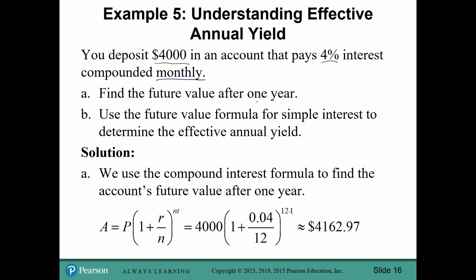We're looking at after 1 year for part A. Remember, monthly is 12 times a year, so that's why we get the 12 that we use here. So we're looking at $4,000 times (1 plus 0.04 divided by 12), all raised to the 12 times 1, because we're just doing 1 year. That's going to give us $4,162.97. Okay, that's what our future value after 1 year would be.